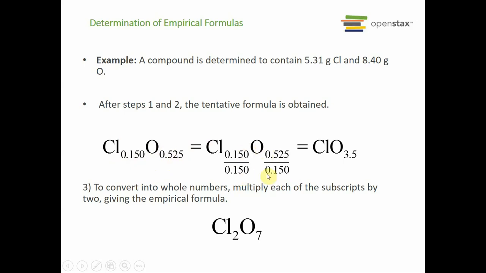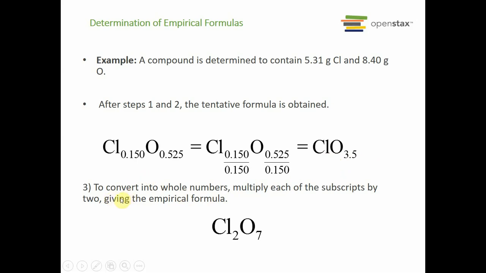So this becomes 1, and this becomes 3.5. Okay, that's not what we want. What we want are integer subscripts. So we want to multiply both of these by the same whole number, such that we get integer subscripts. But we want the smallest such number that's an integer.